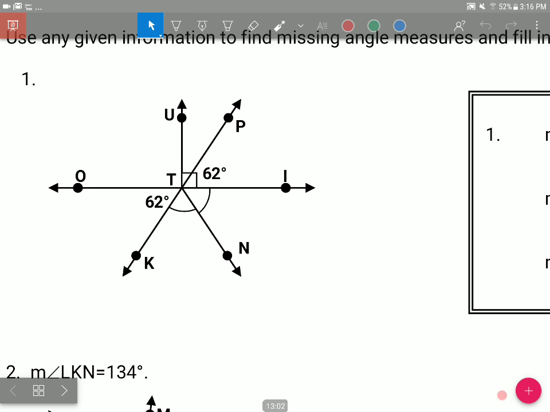This is 62. Can you use that to find this one? How? Subtract it from 90. Good. This is a 90-degree angle, therefore they're complementary. So 90 minus 62 leaves us with what? 28.